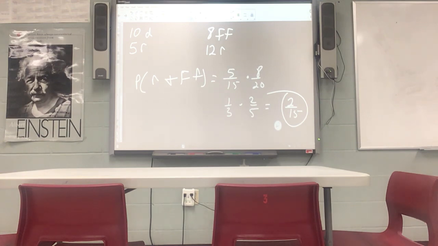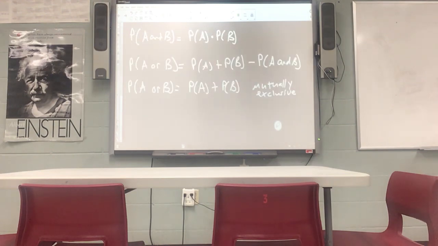Okay, so let's talk now about what something is if it's mutually exclusive. Basically, two events that cannot happen at the same time are mutually exclusive events. Let's say, for example, you roll a normal die. Could you roll one die and roll a 2 and a 3?